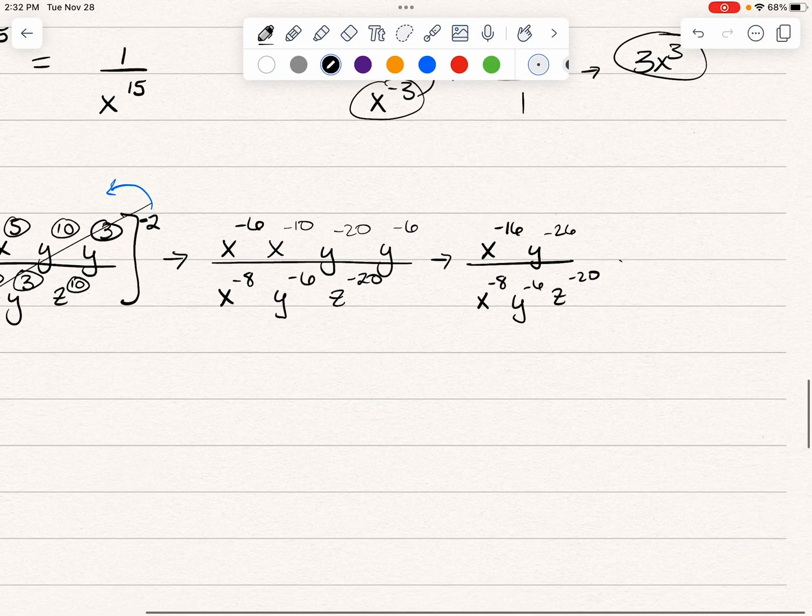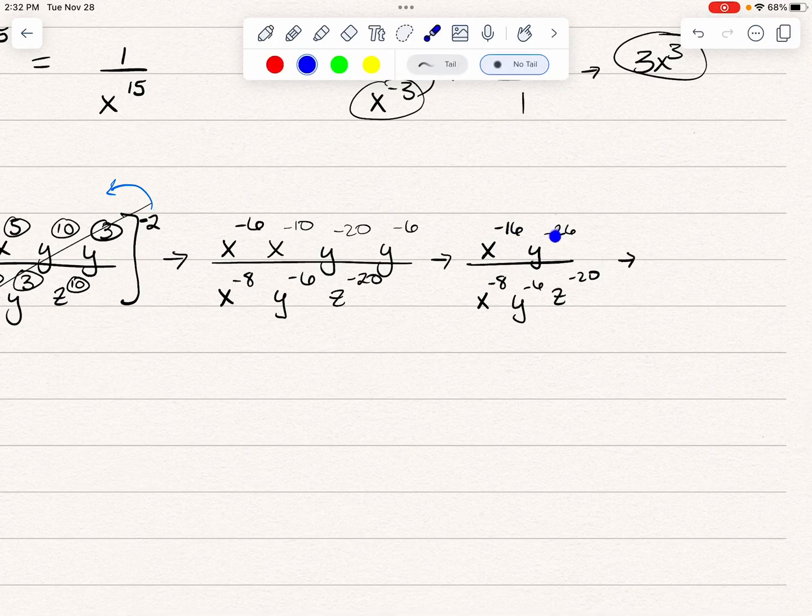Here we have negative exponents, so we need to flip every exponent that is negative and make it positive. First, we start with the -16. That becomes x to the +16 in the bottom.